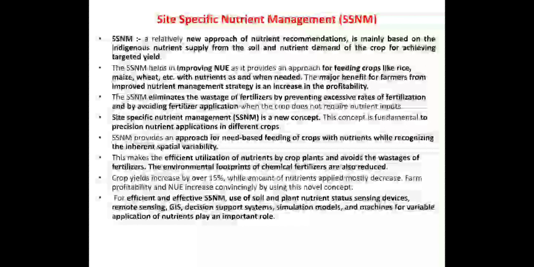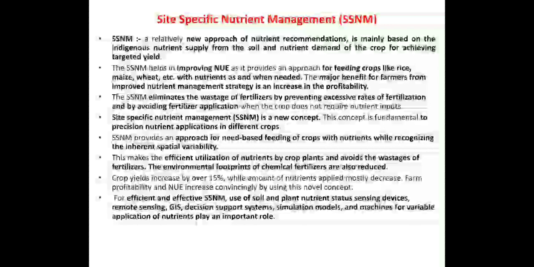This is a major objective of SSNM, that is to avoid the wastage of fertilizers, prevent environmental impacts, as well as avoid the excess or huge use of chemical fertilizers.